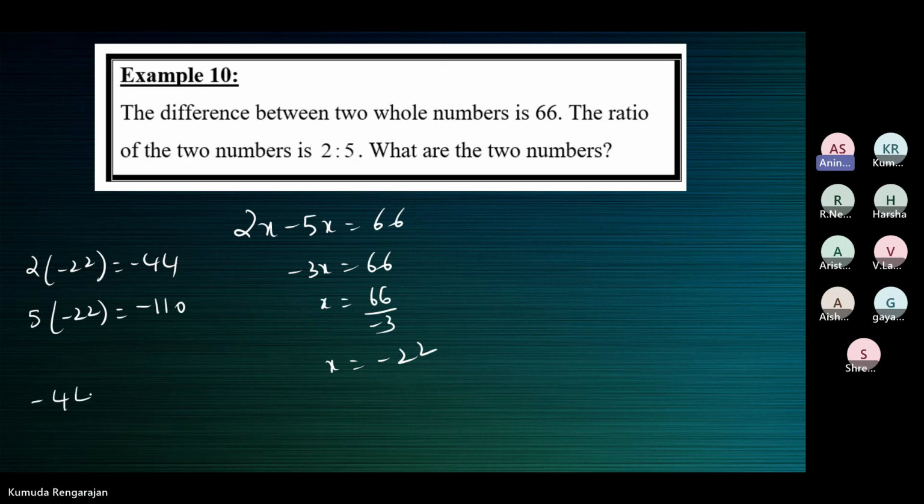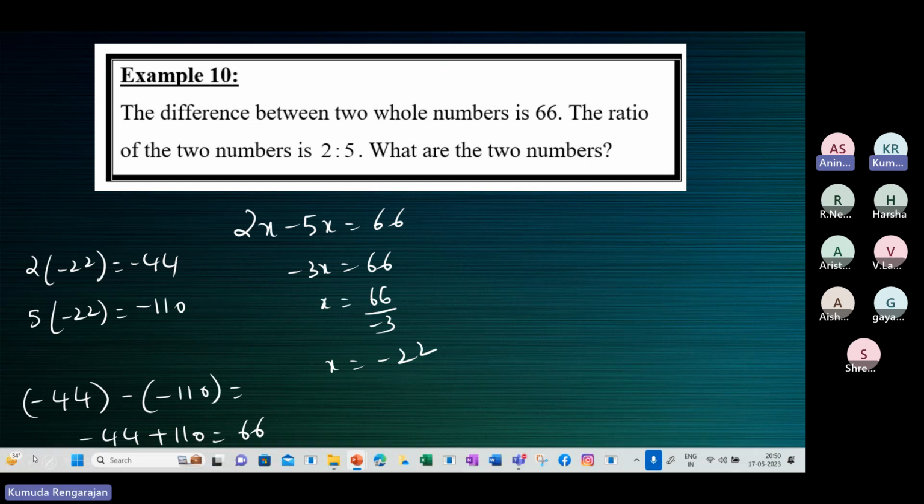Ma'am, these are the two numbers. Yeah, so how do you check? The difference between the two numbers should be 66. So minus 44 minus in brackets minus 110 is equal to 66. So minus 44 plus 110 is equal to 66, ma'am, when you add it.